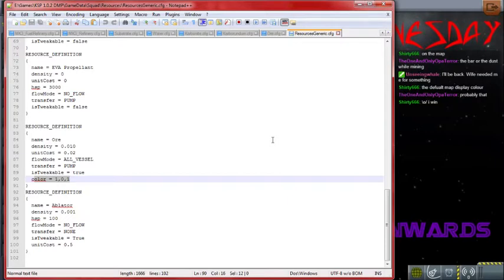One of them being a ScanSat config, which also gave you the colour of the resource in the map.